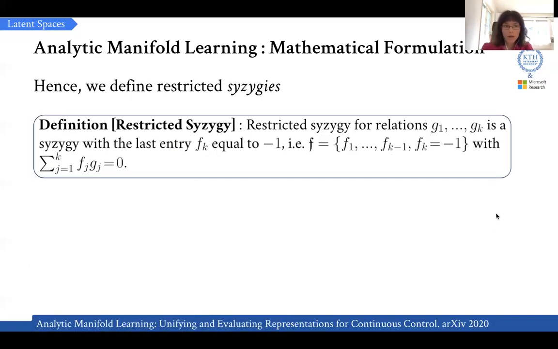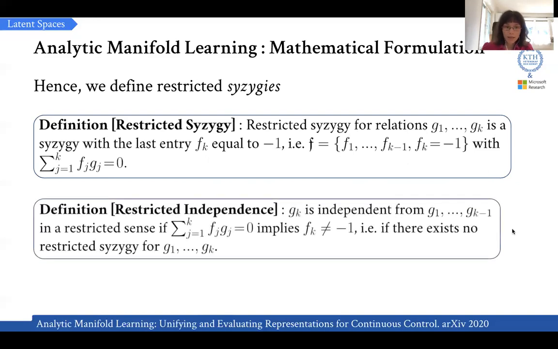So we define a restricted syzygy where we have functional coefficients f1 through f_{k-1}, and then the kth coefficient we fix to a constant. And this results in us being able to define a restricted independence, which is analogous to using the original syzygies, but now we're using restricted syzygies with this last functional coefficient fixed to a constant function.